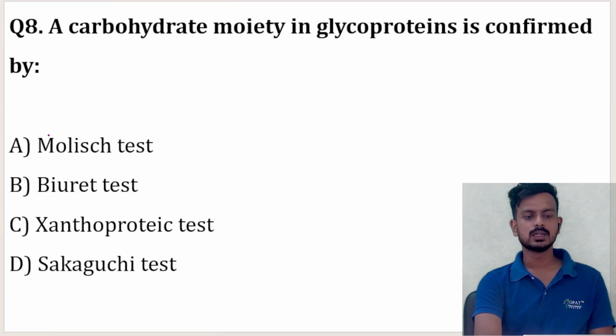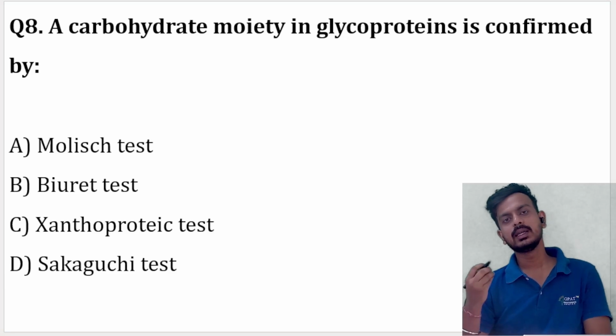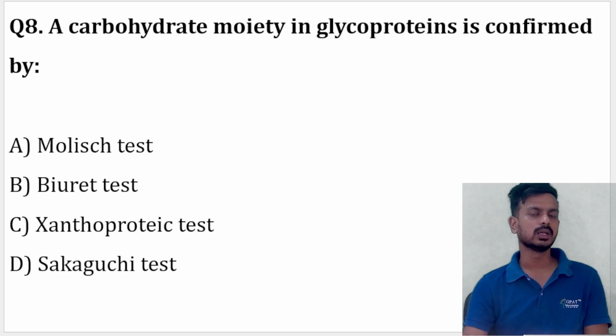Okay. Next question. A carbohydrate moiety in glycoprotein is confirmed by Molisch test, Biuret test, Xanthoproteic test, or Sakaguchi test. Glycoprotein means sugar along with protein. So the sugar moiety in that protein is confirmed by which test?